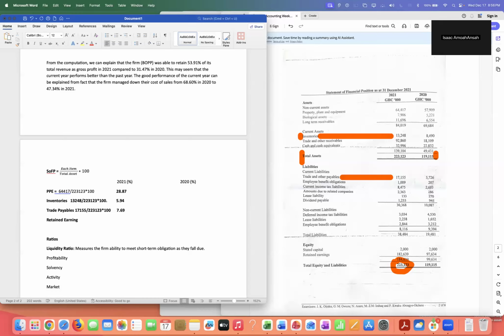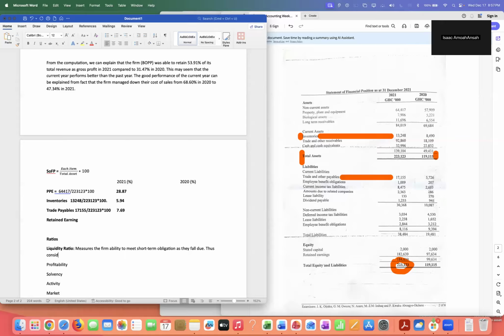It means if you are able to meet up your short-term obligation in time, then we are saying that you are liquid as a firm, right? So in effect, we're talking about the firm's ability to use their current assets to pay for their current liabilities, right?